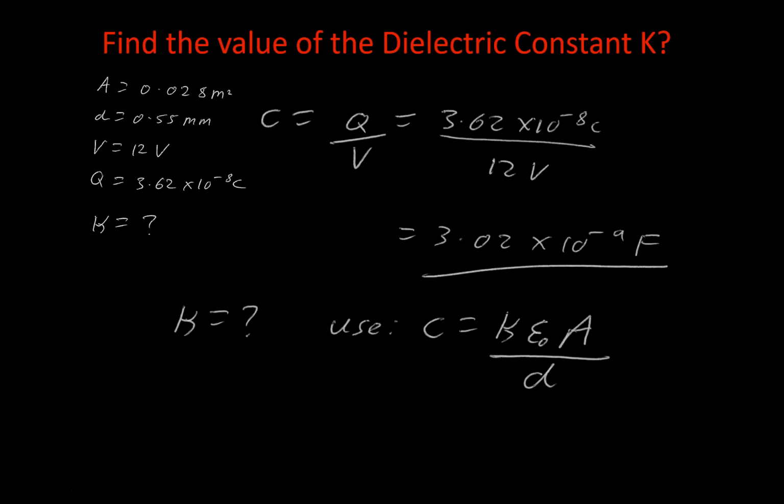For K, we can say now C is K epsilon 0 A over D. Why do we use this version?